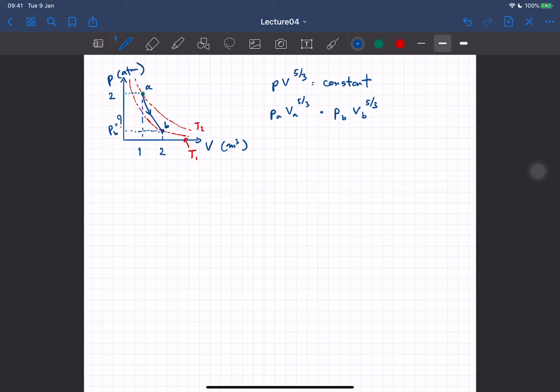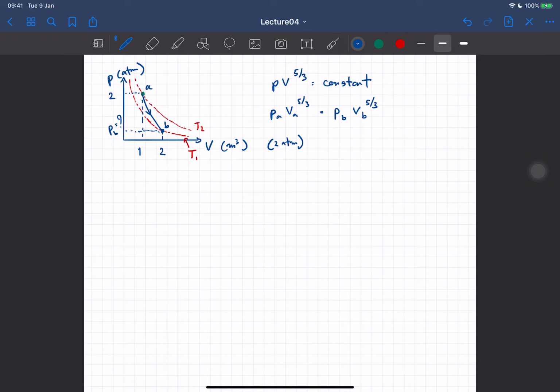So let's put in the numbers. Since we're going to keep the unit for pressure as atm, we don't need to change it to Pascal. So PA is going to be 2 atm.